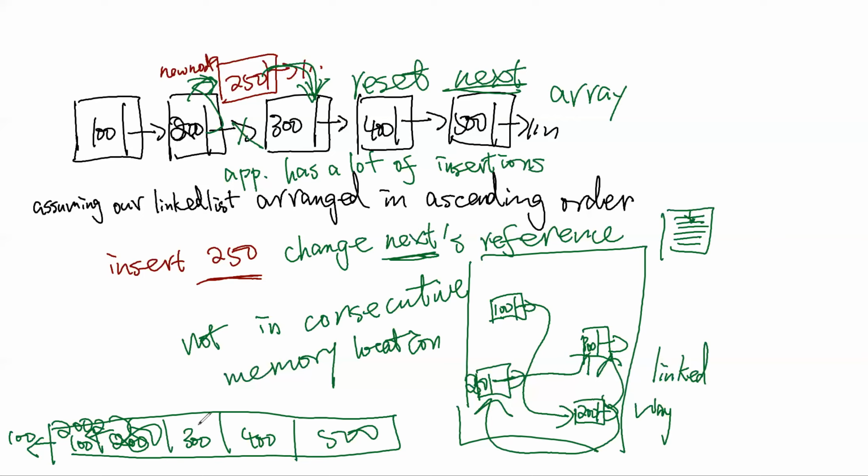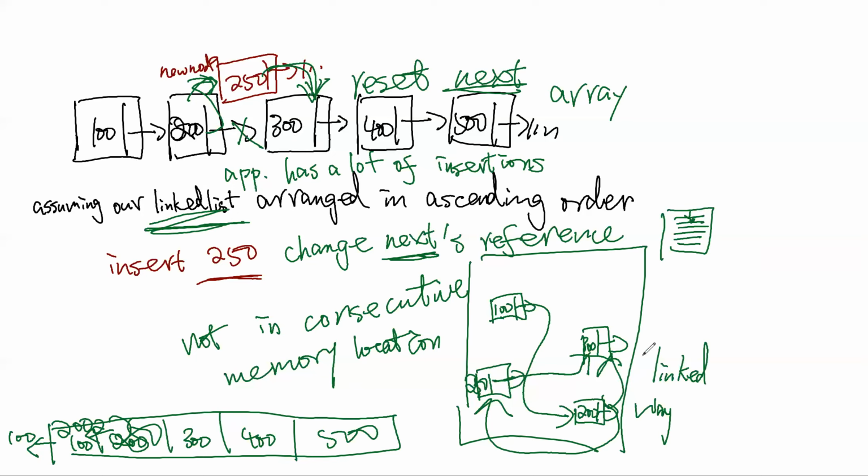If you use an array, then most of your effort will be consumed on shifting, versus you just find the spot and reconnect the next. So that's one of the reasons why we have linked lists.